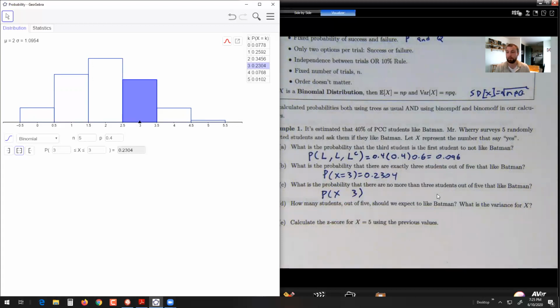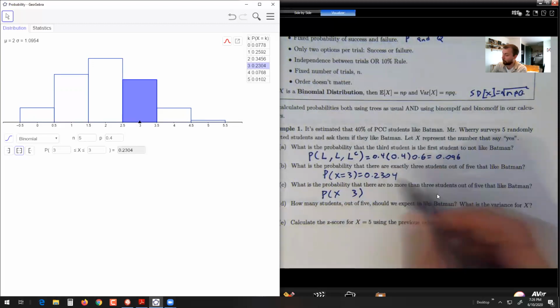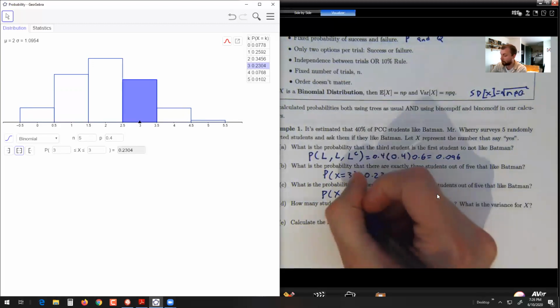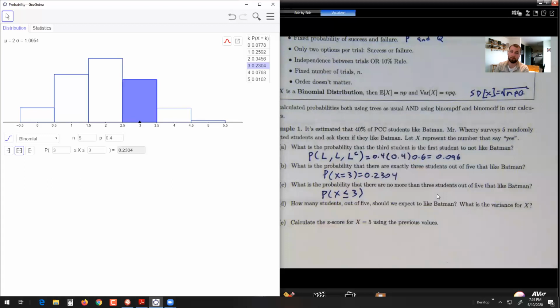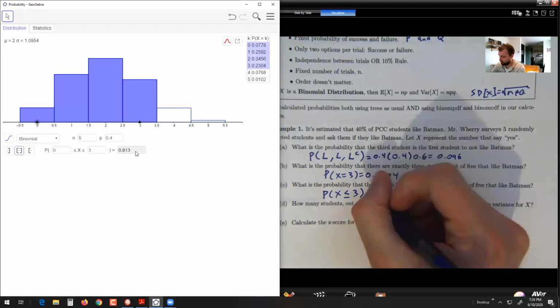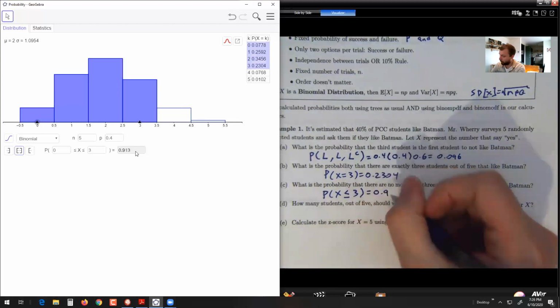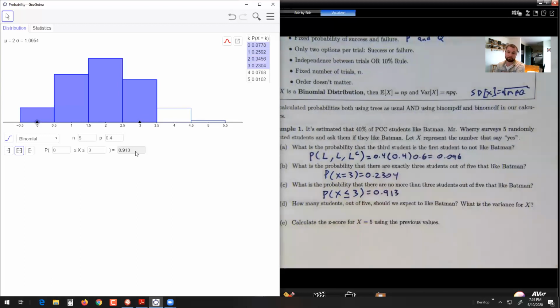But 4 would be more than 3. So everything that is no more than 3 really means 3 or less. In my graph here, I'm looking at everything from 0 up to 3, and there's a 91.3% chance of that.